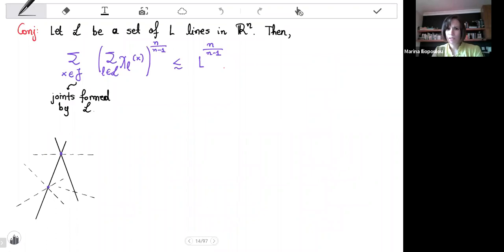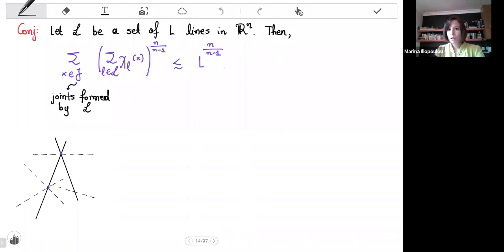And actually I've removed the logarithmic loss. I don't think it should be there. In the Kakeya conjecture, the logarithmic loss has to do with the volume of the tubes, and I don't think it should be here for lines, which have no volume. Anyway, if we look at all joints and we count the number of lines through each, and we raise to this power, can we control this quantity?